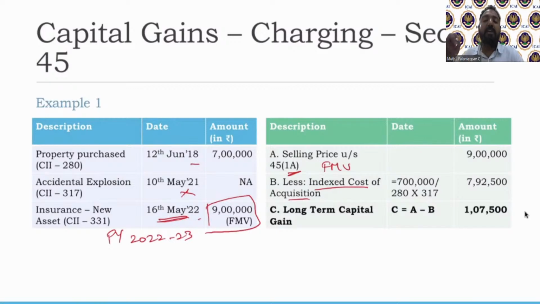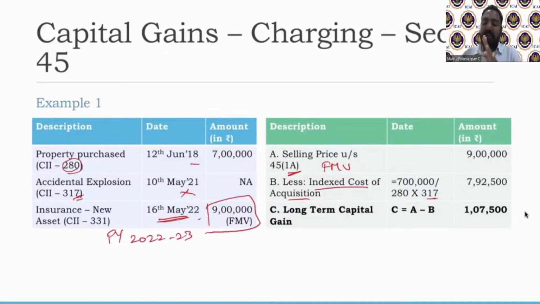The period of holding should be from 18 to 21 and not 22. The index cost of acquisition is the purchase value divided by 280, multiplied by the index, taken only till the year it is damaged. So you should ignore the later year. The relevant year is the year in which the explosion took place.